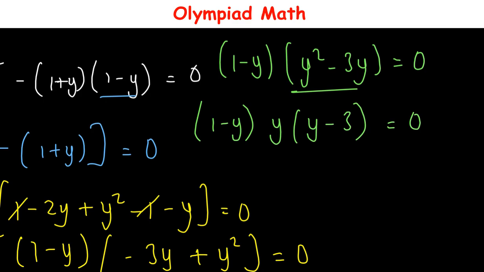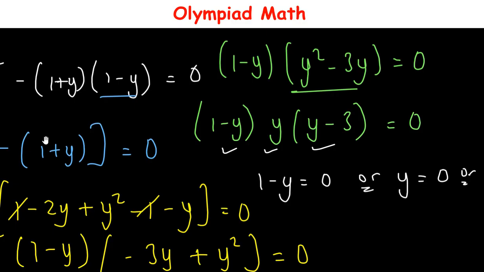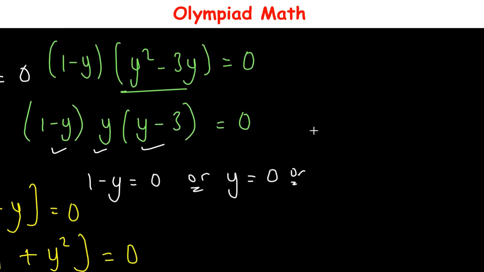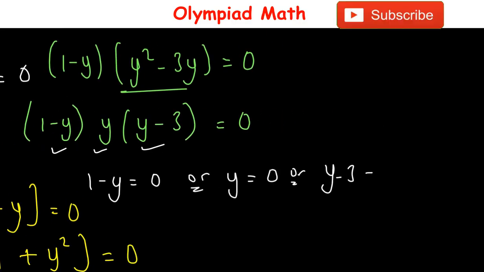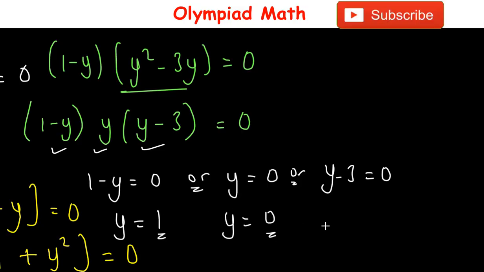So at this junction, we can equate each factor to 0: 1 minus y equals 0, or y is equal to 0, or y minus 3 equals 0. And from here, the value of y is equal to 1, the value of y is equal to 0, and the value of y is equal to 3.